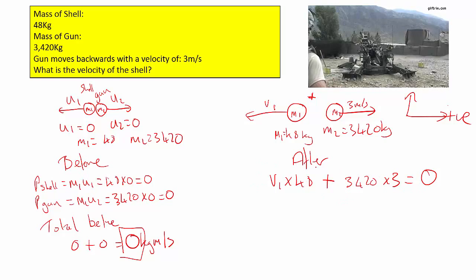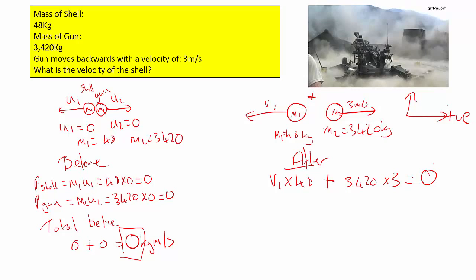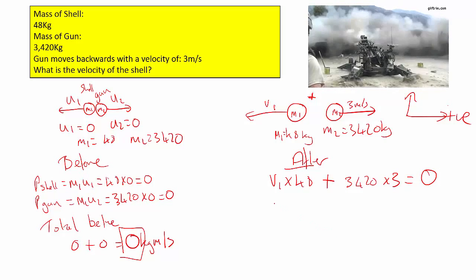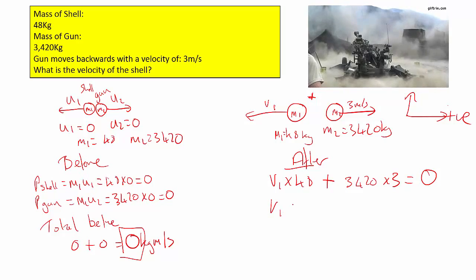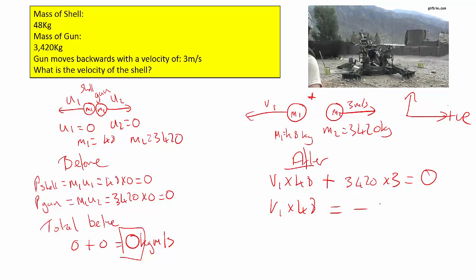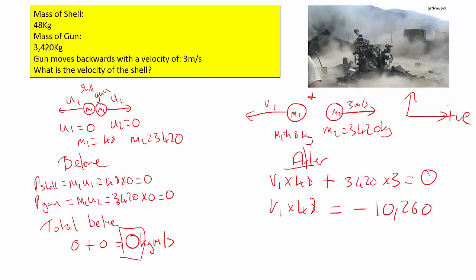So we've got an equation set up here. The momentum afterwards is equal to this plus this, and we know that momentum must equal 0 because the total momentum before was equal to 0. So let's keep V1 times 48 over here, and that's going to equal minus 10,260, which is just 3,420 times 3.